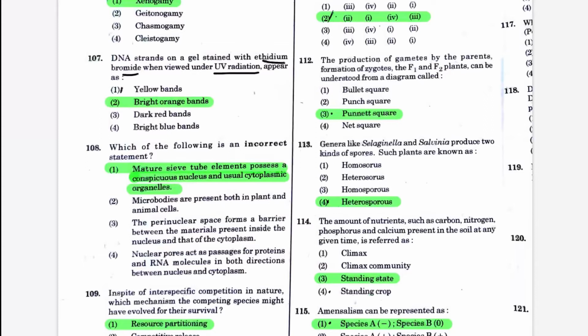The nuclear pore acts as a passage for protein and RNA molecules in both directions. We know the nucleus is a double membrane structure with nuclear pores through which substances pass in and out. So these three options are correct, whereas the first one is wrong because mature sieve tube elements will not possess a nucleus.